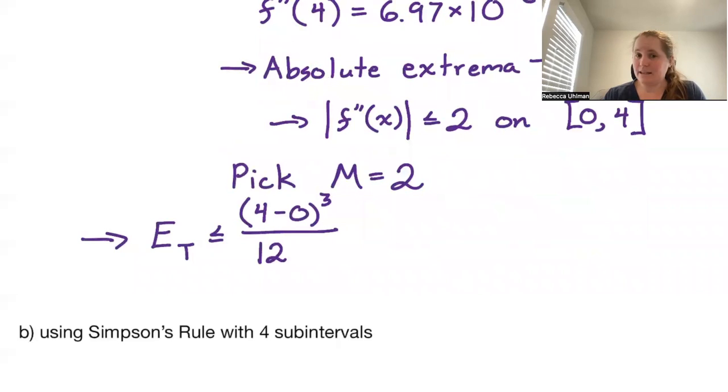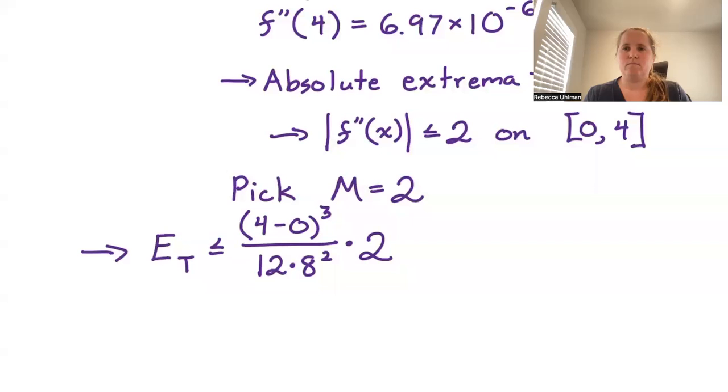We had 8 subintervals, so 12 times 8 squared, and then times M, which is 2. We get that E sub T is less than or equal to 0.166 repeating.